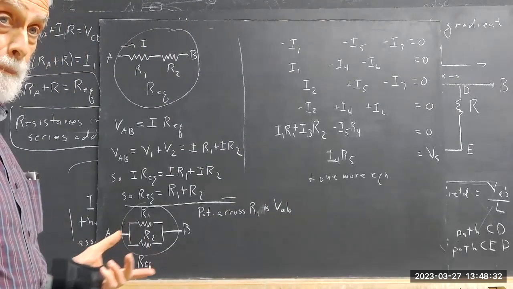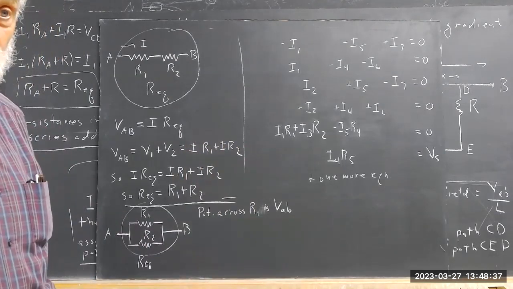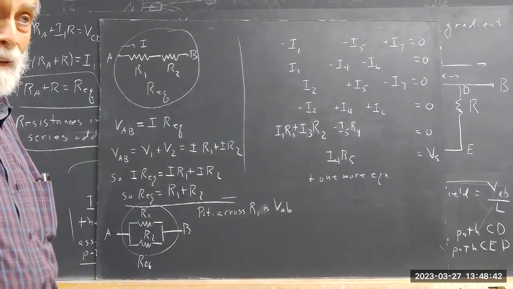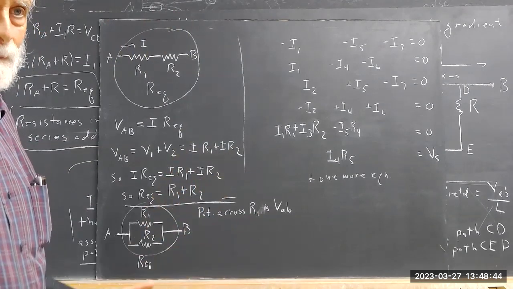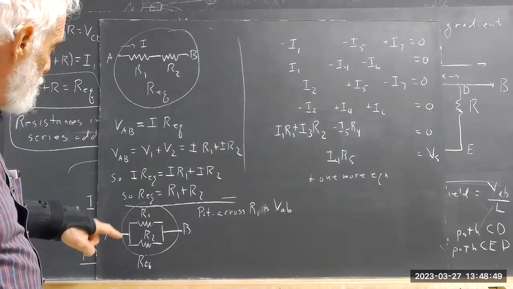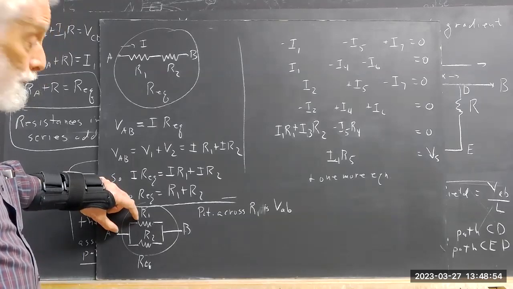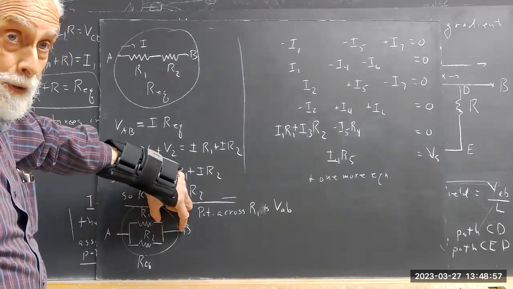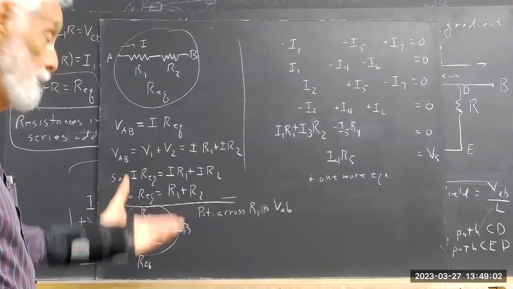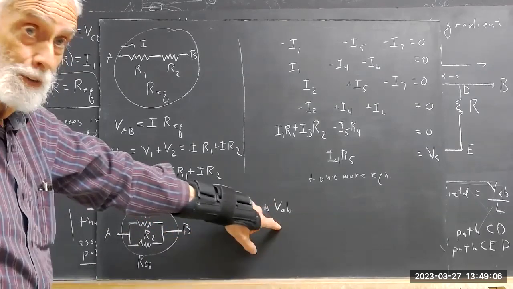Why is that? Because these wires are assumed to be of zero resistance in the ideal case. Of course, if they aren't, then you've got to worry about that. But with the low resistivity of copper wires, for example, you don't have much problem with that. Point is, from here to here, there's no voltage change, and from here to here, there's no voltage change. But the voltage change from here to here has to be VAB, meaning that the voltage change across the resistance has to be VAB.